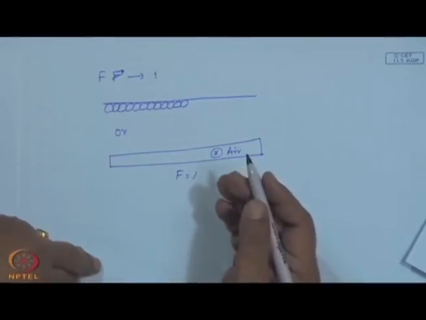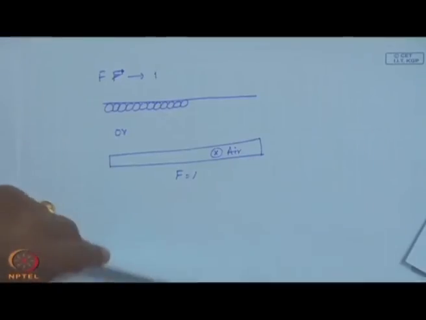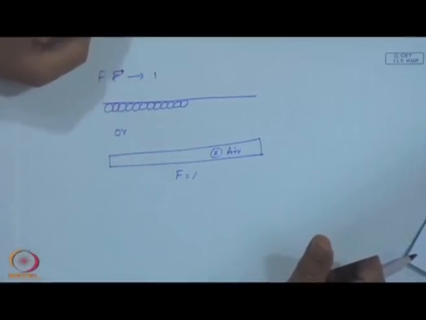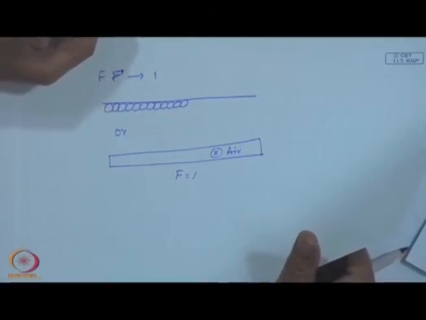Consequently, your F dashed also will be higher. So, this is only to emphasize that your collector efficiency factor is not an efficiency.